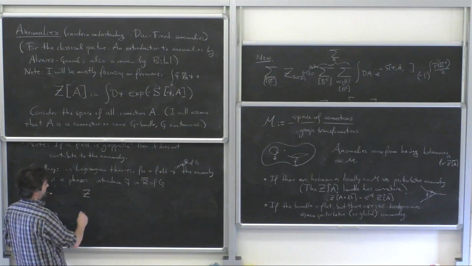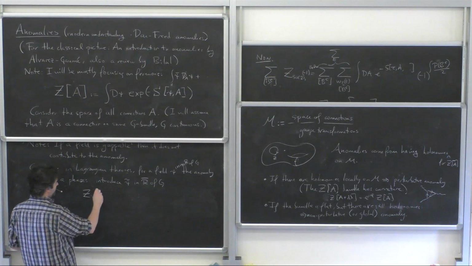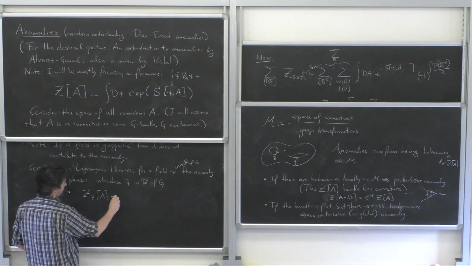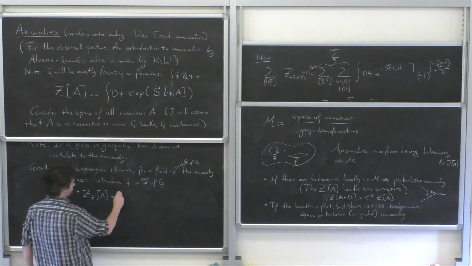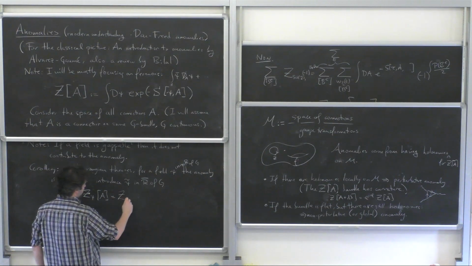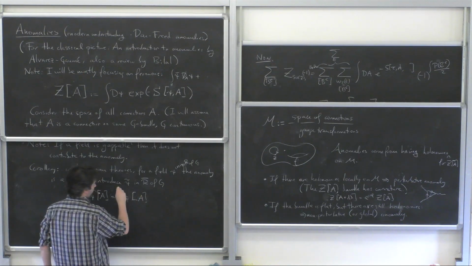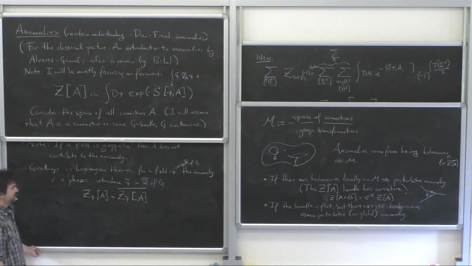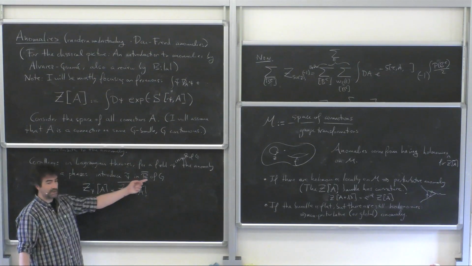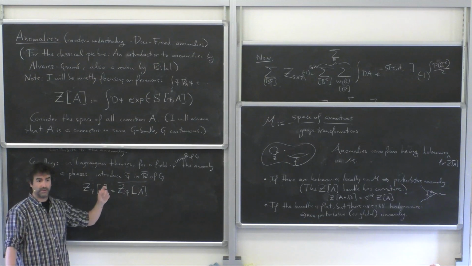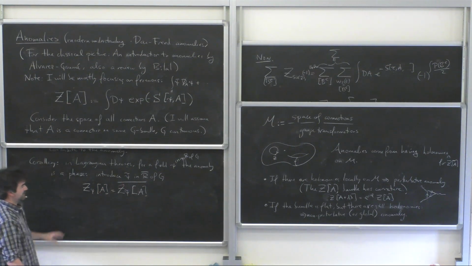You can think of the partition function of the field phi under A. And because of the factors of i in the Euclidean action, you can convince yourself that this is the complex conjugate of the partition function of phi tilde. Okay, this is basically because you have the conjugate representation. There's an i which, introduced with a minus, gives you the complex conjugation. So write the action and you'll see it.